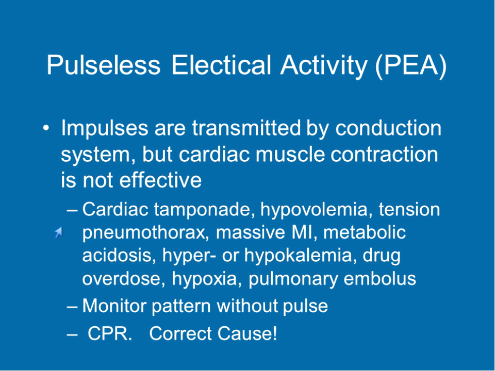If it takes out the LAD and the circumflex and the whole ventricle is ischemic and it doesn't pump, that can certainly cause PEA. Metabolic acidosis, too much or too little potassium, some drug overdoses, overwhelming hypoxia, pulmonary embolus. What we're going to do here is CPR, correct the cause. Without that, the patient's likely not going to do well.